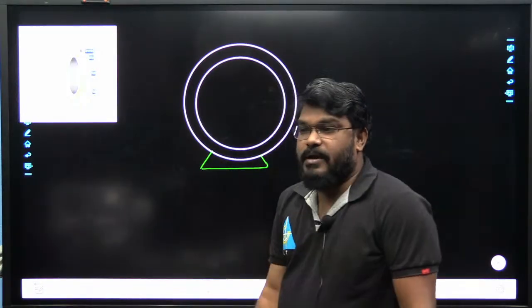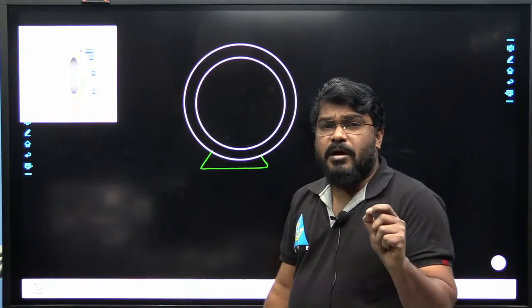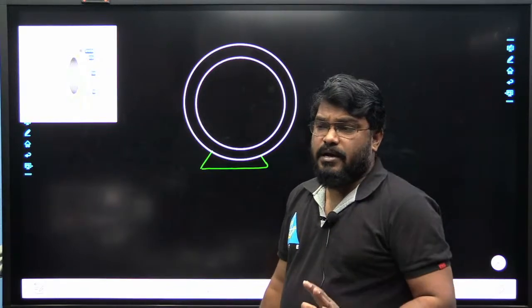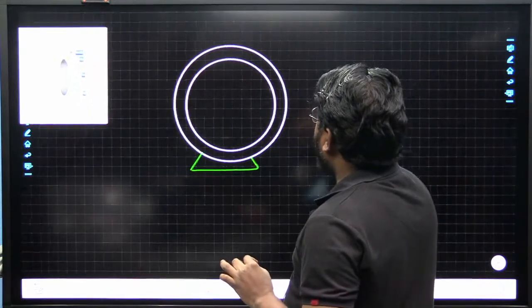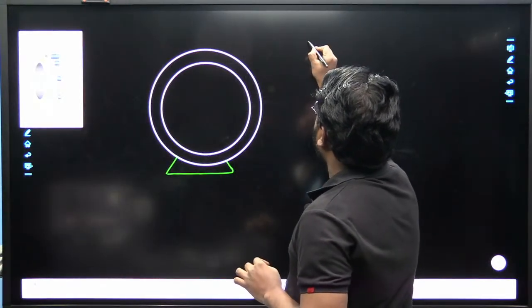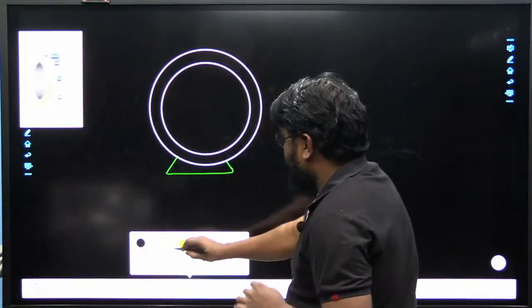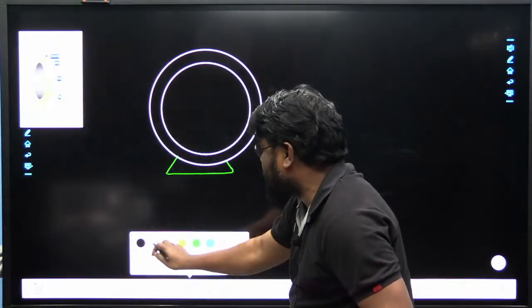So now we have a question: what is the material used to construct the stator frame and what are the functions of the stator frame? The stator frame is made with cast steel material.